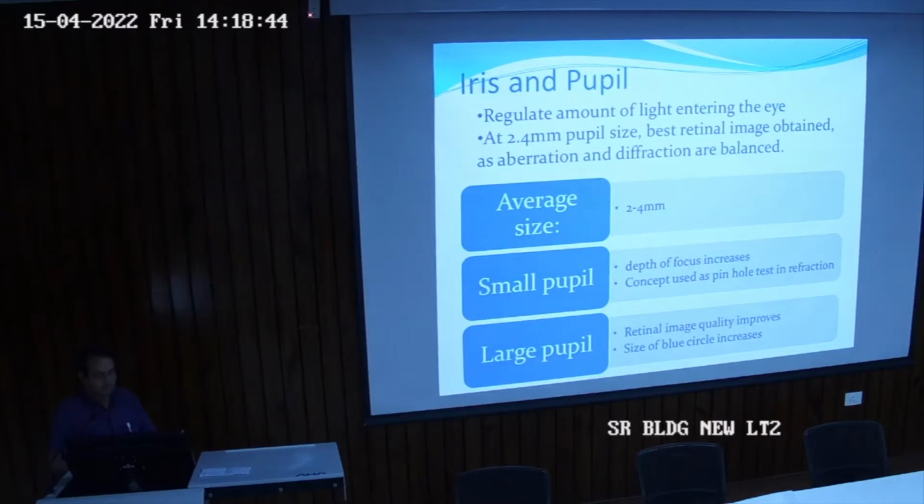At 2.4 millimeter pupil size, the best retinal images are obtained, as aberration and diffraction are balanced. Average size of the pupil is 2 to 4 millimeter. In a small pupil, depth of focus increases, a concept used as the pinhole test in refraction. With a large pupil, retinal image quality improves because more light enters, but the size of the blur circle increases.